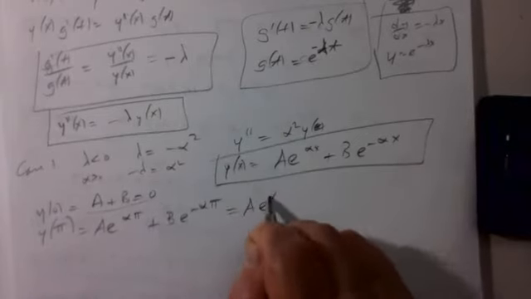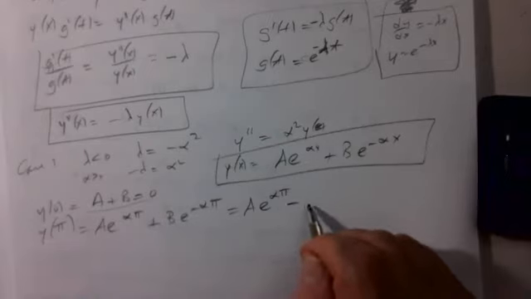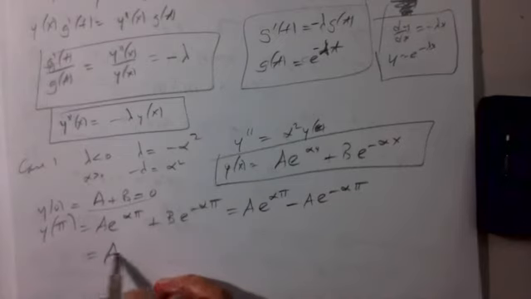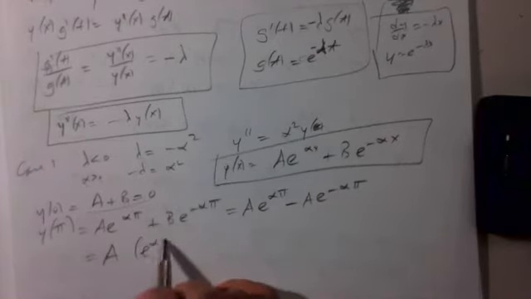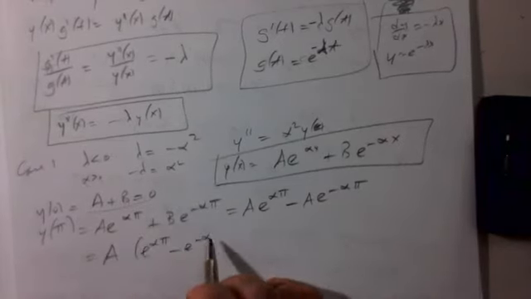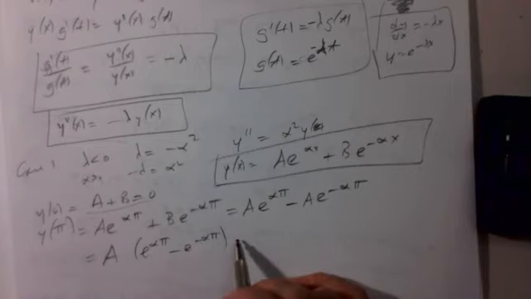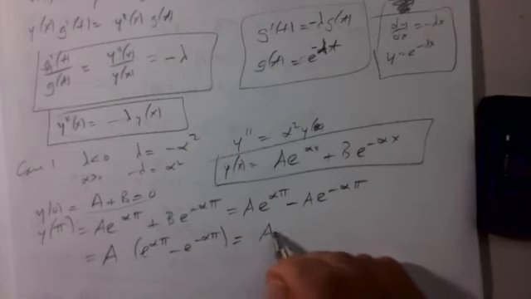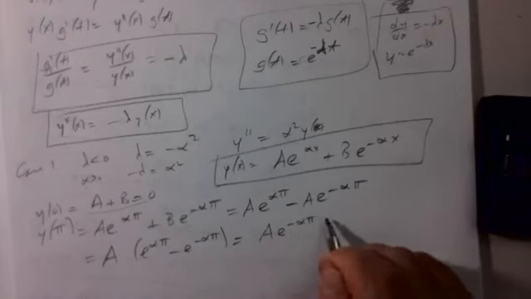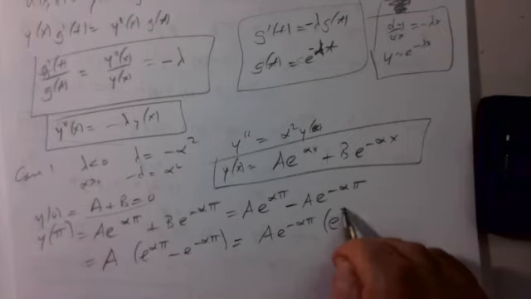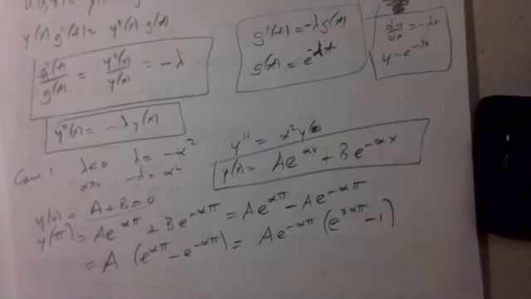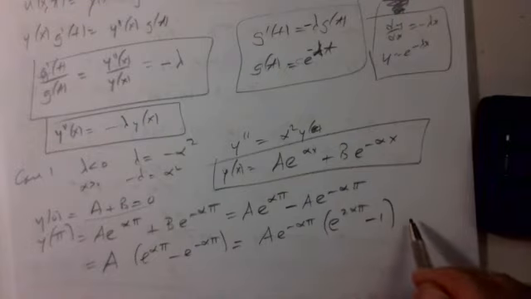So this is a e to the alpha pi minus a e to the minus alpha pi, which is a times e to the alpha pi minus e to the minus alpha pi. Or I can write this, if you like, as a, factor out a e to the minus alpha pi, times e to the 2 alpha pi minus 1. And that is equal to 0.